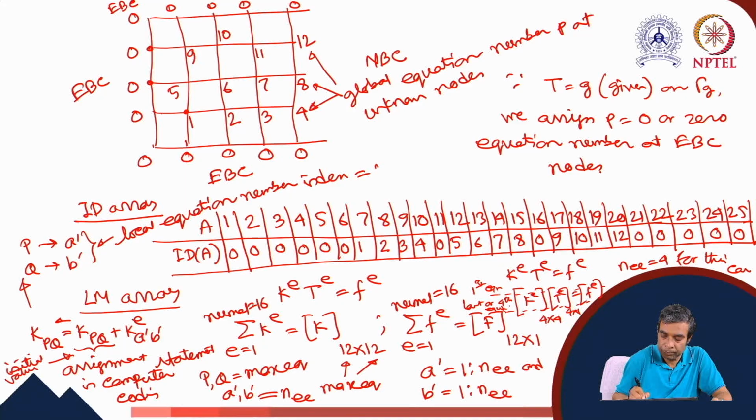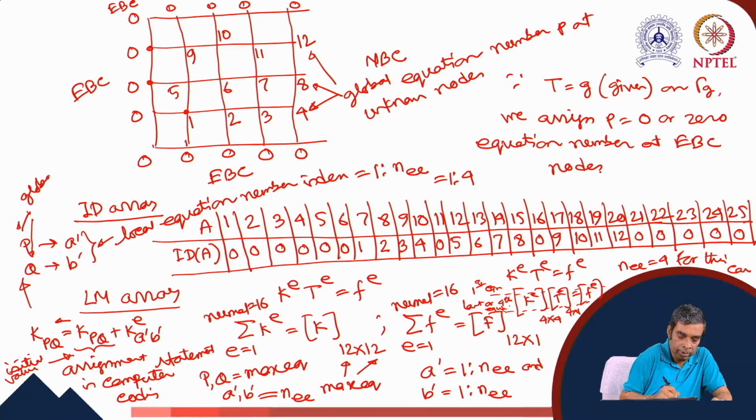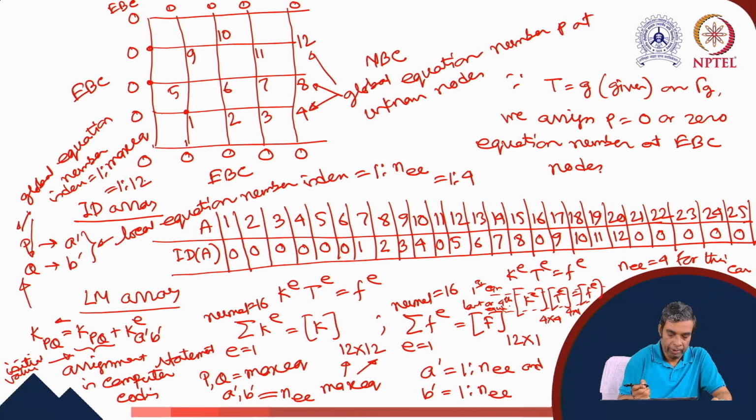It varies from 1 to the number of element equations. In this case, it is varying from 1 to 4. And capital P and Q are the global equation number index. It varies from 1 to maxi Q. In this case, it varies from 1 to 12.